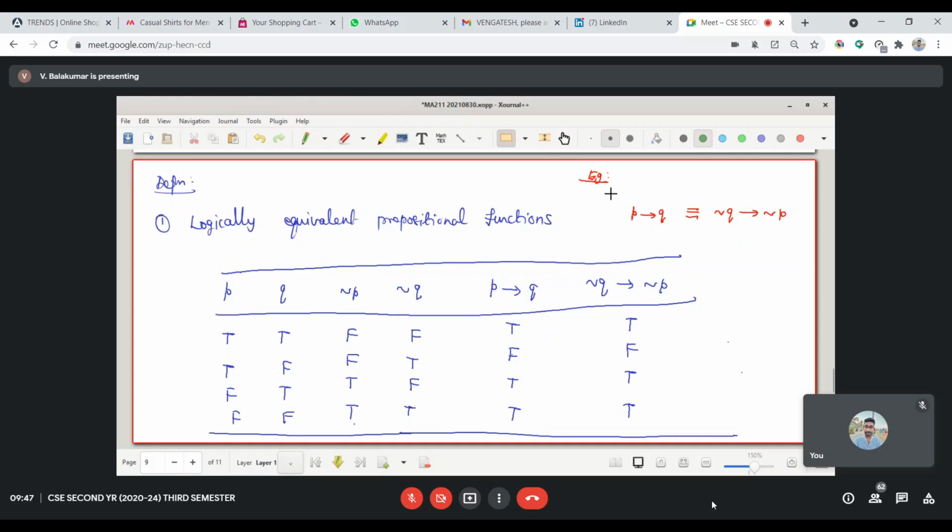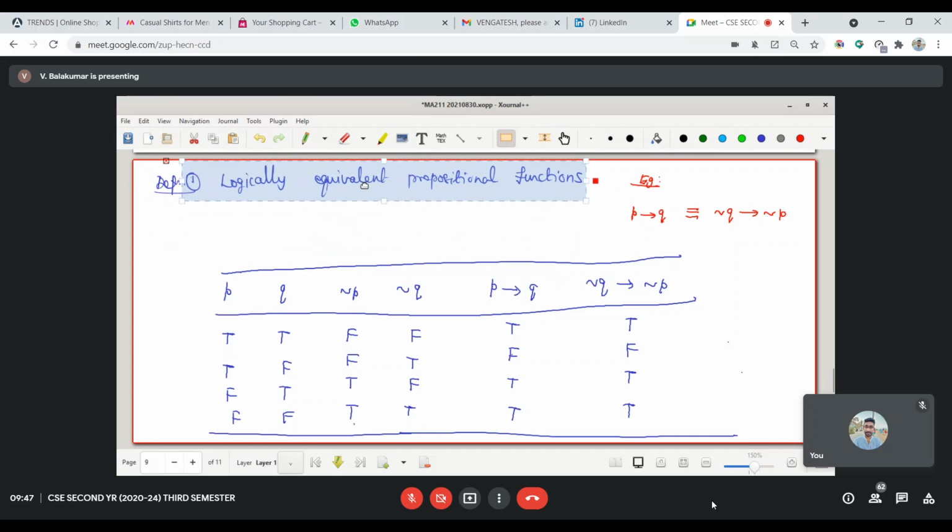Just let me take this example only. This one, we have seen one definition and example. The same example I want to illustrate.